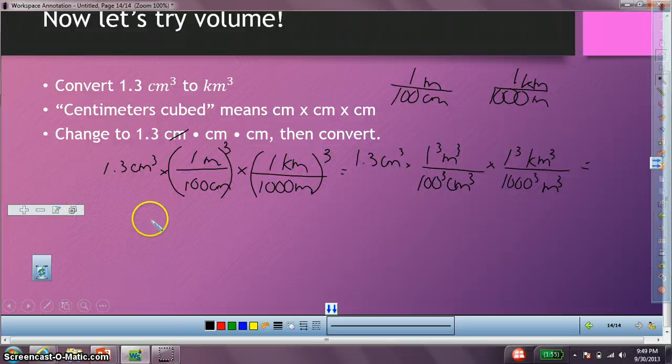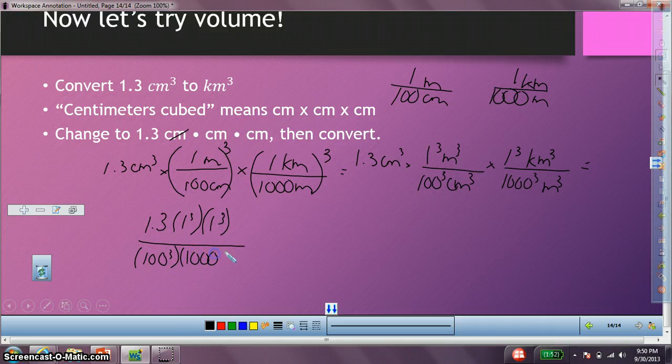Simplify that a little further. We have 1.3 times 1 cubed times 1 cubed over 100 times 1,000 cubed.